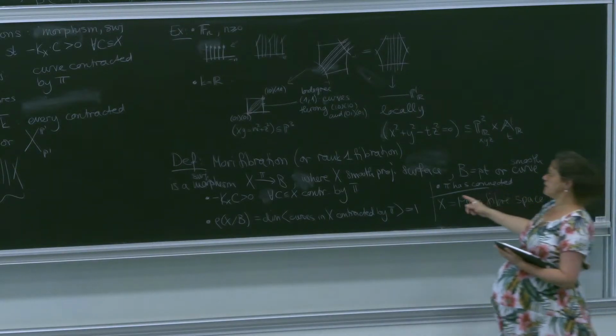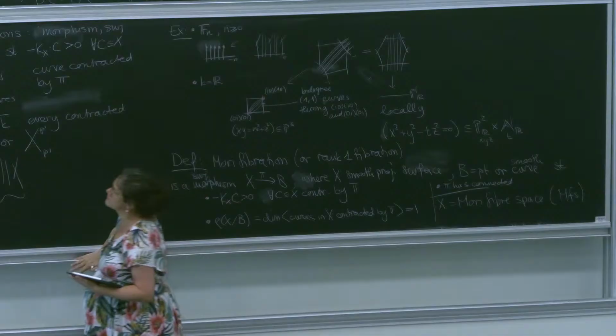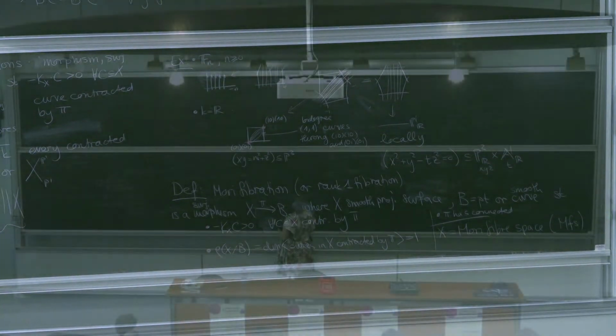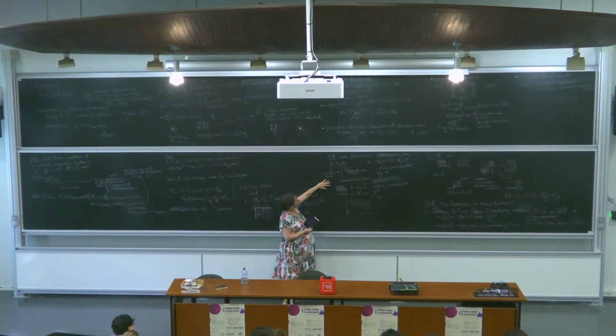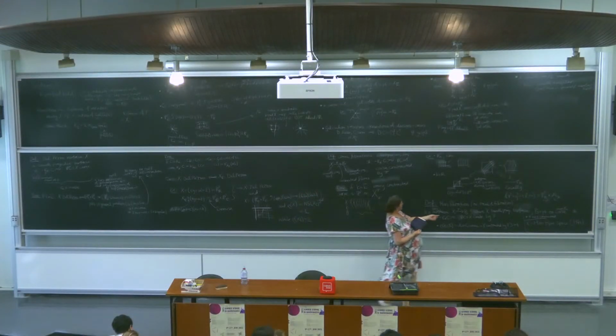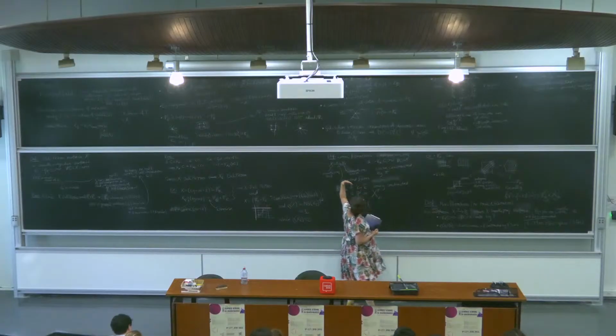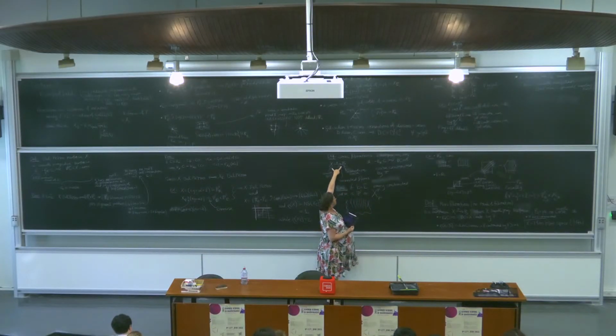So this definition unites the definition of del Pezzo surfaces of Picard rank 1 and conic fibrations of Picard rank 1. If B is a curve, this definition is exactly this one, except that I ask for the relative Picard rank to be 1.